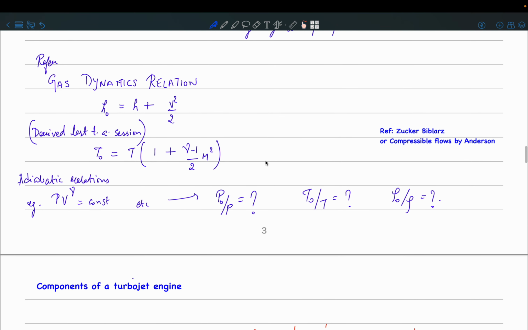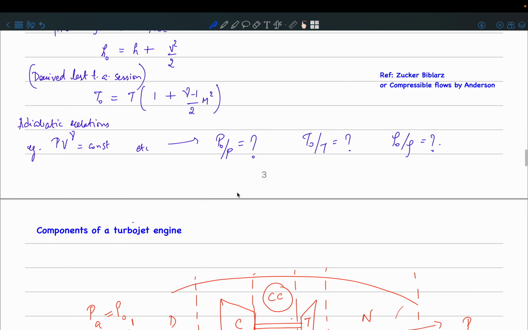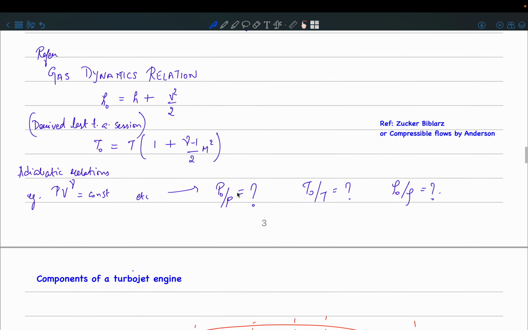If you know T naught by T, and you know the adiabatic relations such as PV to the gamma is constant, and then the TV relation, PT relation, from there you can get P naught by P, T naught by T, rho naught by rho. All these gas dynamic relations you can easily obtain. So I'll not be deriving these. If there are any doubts, maybe we can discuss it in the next session. Is that okay?